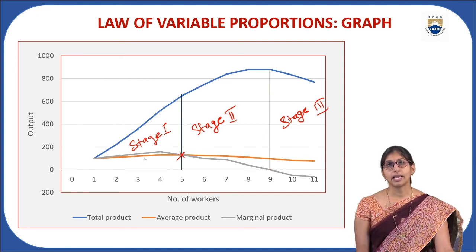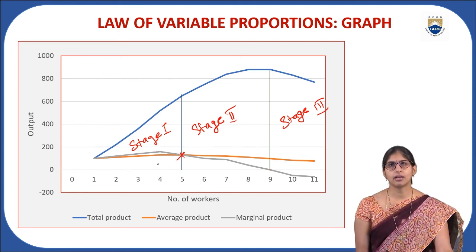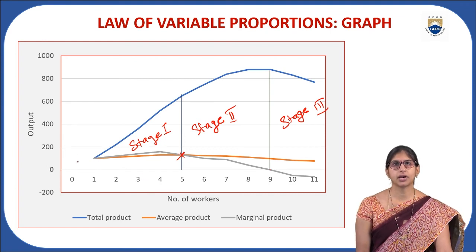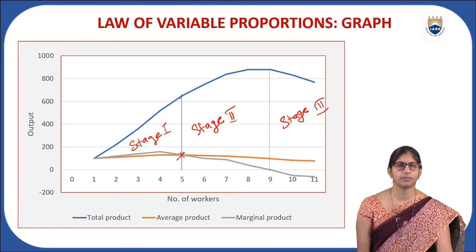In stage 1, when we go on giving our input factors, the production is also increasing at an increasing rate. When we give more and more inputs, we expect more output also, at an increasing rate. Now coming to the second stage, what has happened?